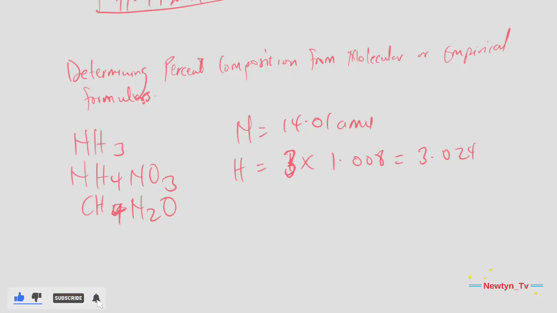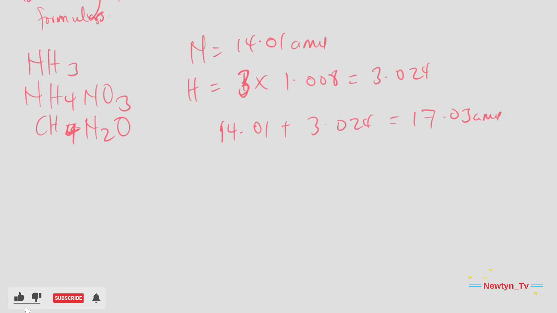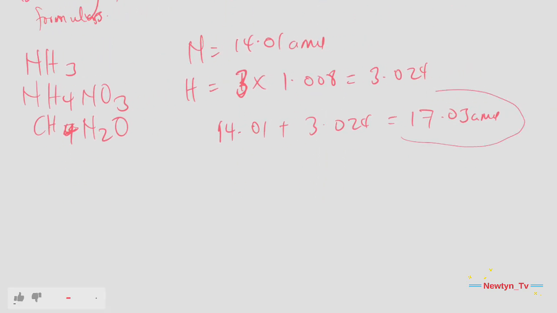So the formula mass will be 14.01 plus 3.024, together 17.03 AMU. Now that we have the total mass, we can use it to calculate percent composition.